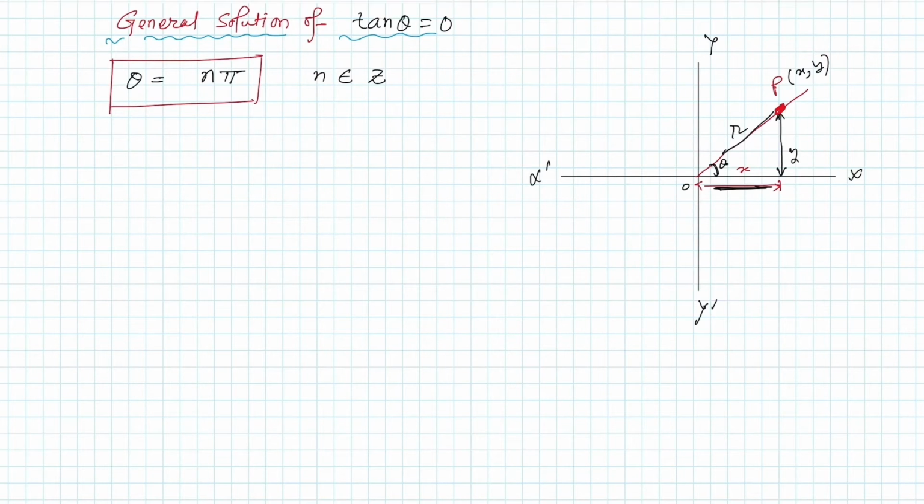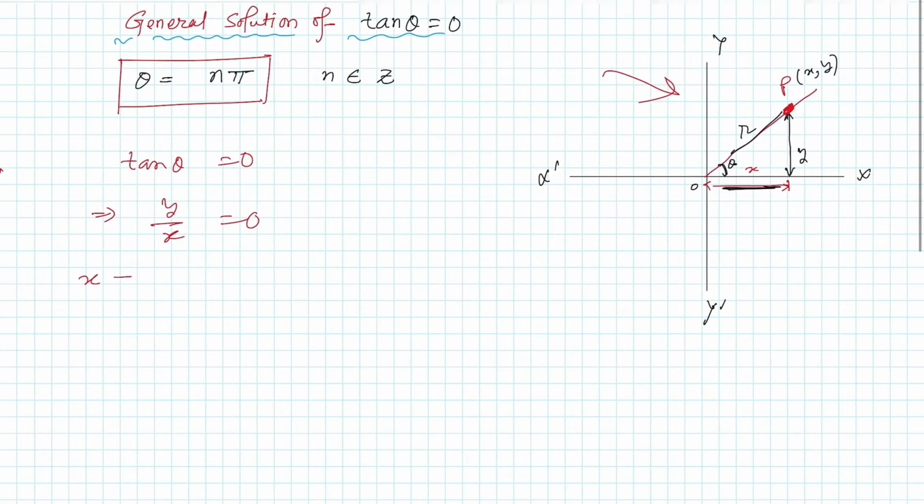From this diagram we can say tan theta is equal to 0 implies y by x is equal to 0. So here definitely x cannot be equal to 0. In that case, for this fraction to be equal to 0, y must be equal to 0.